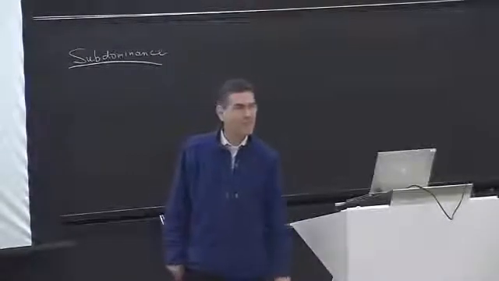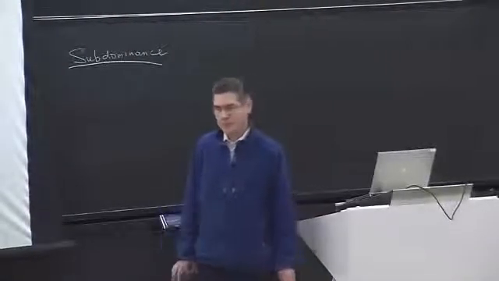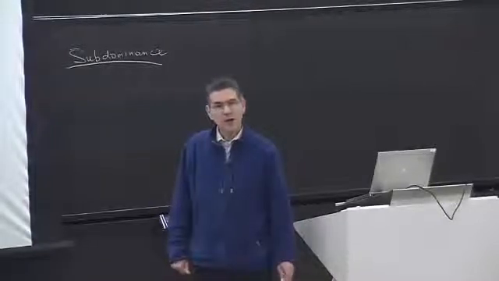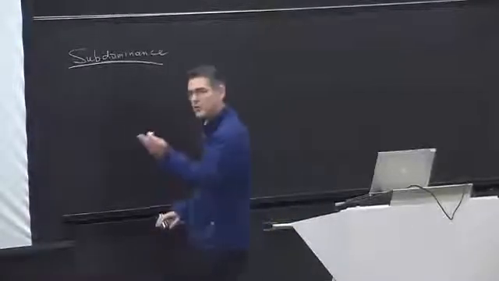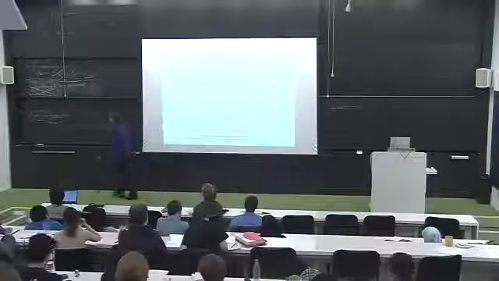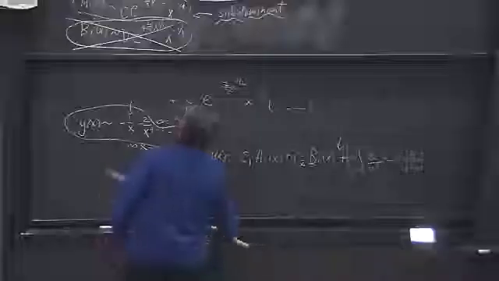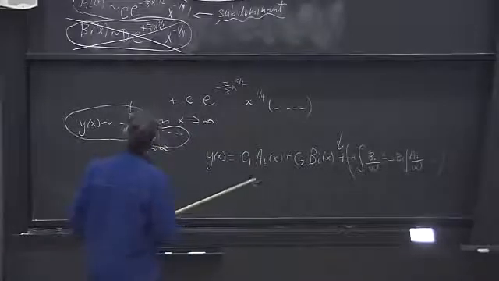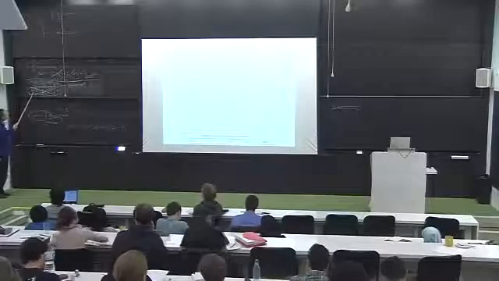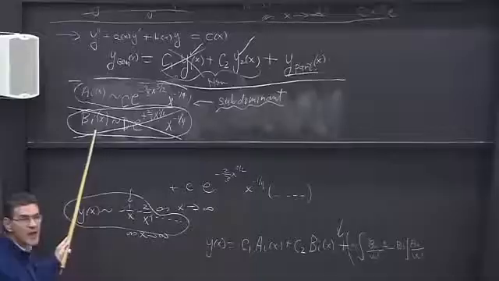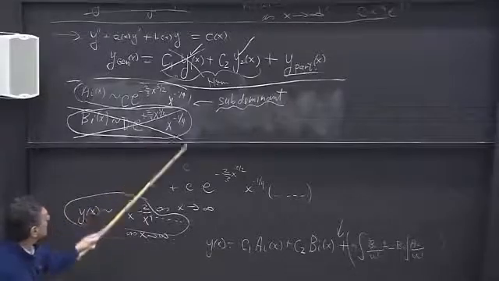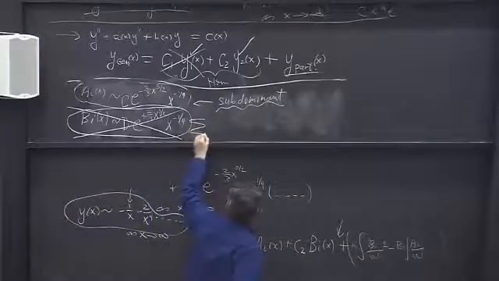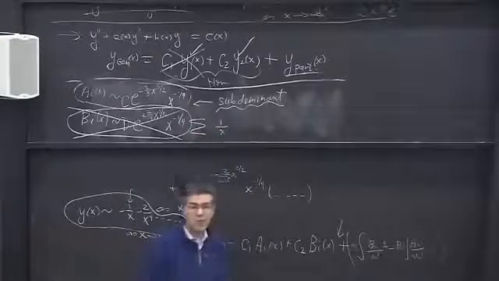Okay? So, if I say to you, how does the solution to the Airy equation behave, you notice that the function Bi behaves like e to the 2/3 x to the 3/2 times x to the minus 1/4 times a series, an asymptotic series, in powers of 1 over x.